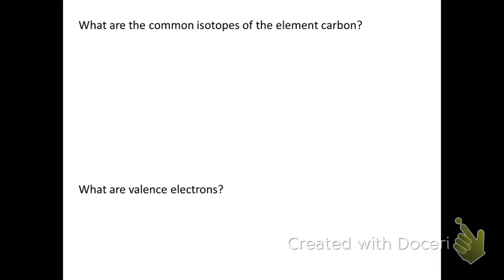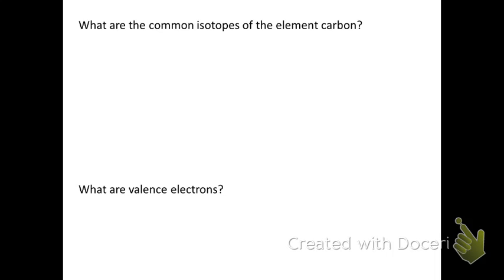Okay, now let's see if we can symbolize or learn how to write isotopes. Let's look at the element carbon. Carbon is made up of 3 different isotopes. The isotopes of carbon all have, of course, the same number of protons, which in this case, if you look at the periodic table for carbon, it has an atomic number of 6.